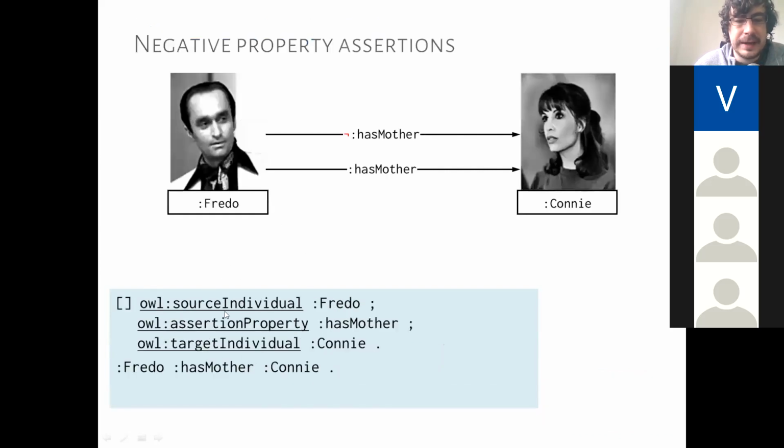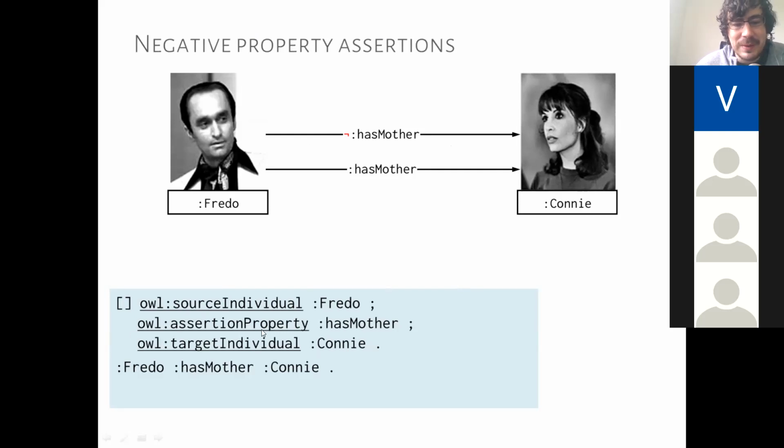And finally, we can also negate triples. We can say that a triple doesn't hold, using this negation symbol here to say not. So this says Fredo does not have mother Connie, and Fredo has mother Connie. This is obviously a very direct form of contradiction.